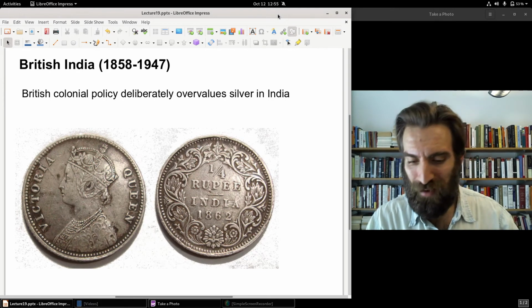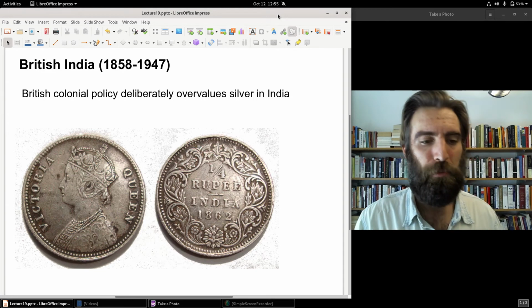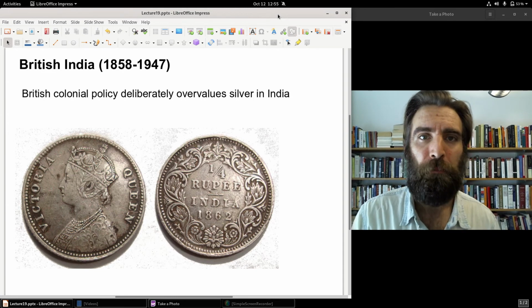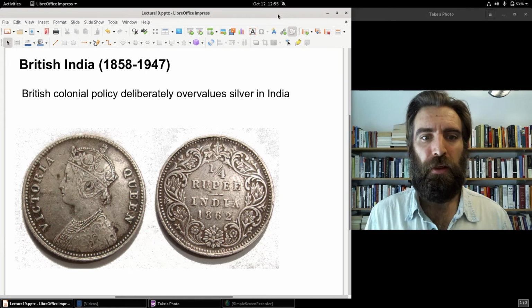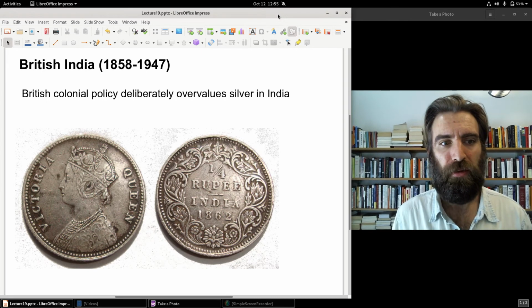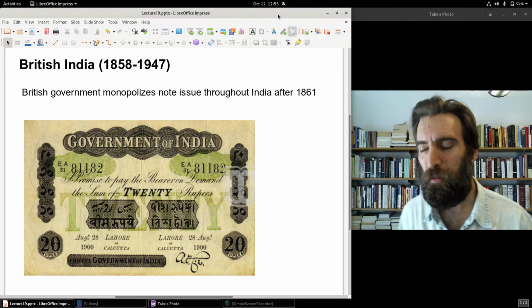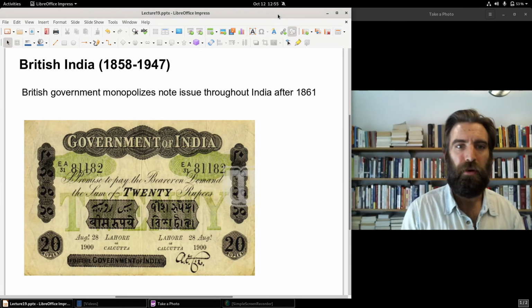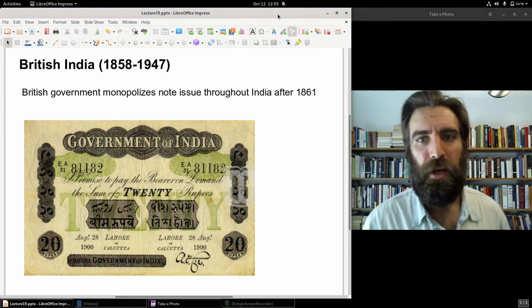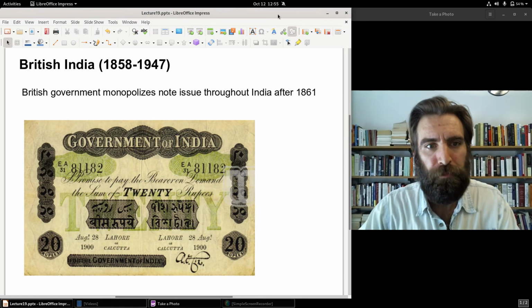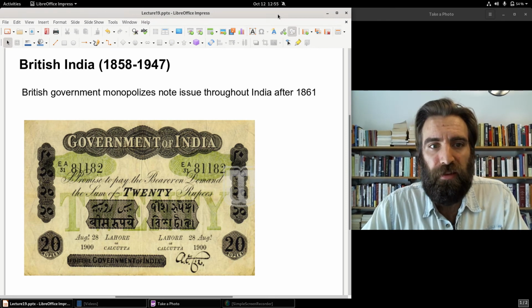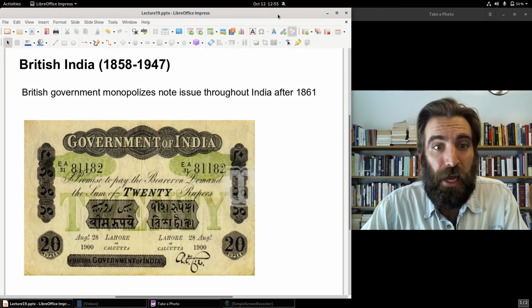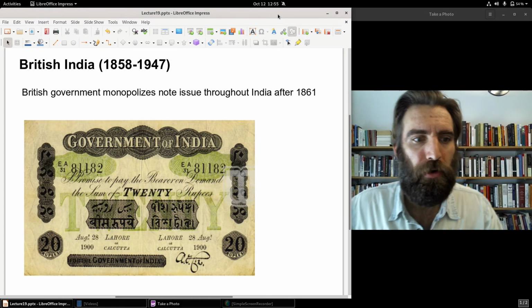But even these competing banknotes, the Bank of Bombay and the Bank of Bengal, in 1861, the Paper Currency Act of 1861 is passed by Parliament, and this establishes the government monopoly, a British government monopoly, of all paper currency note issue in India from that point forward. So after 1861, the British government now, the government of India, assumes total control over the paper currency as well.